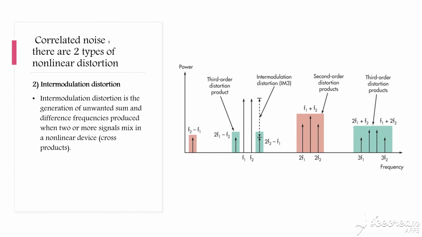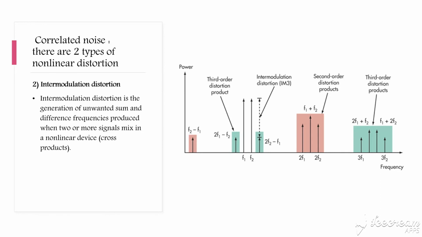Well, correlated noise also has intermodulation distortion. Intermodulation distortion is the generation of unwanted sum and difference frequencies produced when two or more signals are mixed in a nonlinear device, the cross product. The difference between intermodulation distortion and harmonic distortion is that intermodulation distortion has two input signals, but harmonic distortion has only one input signal.